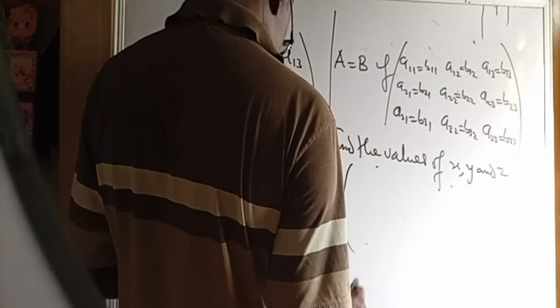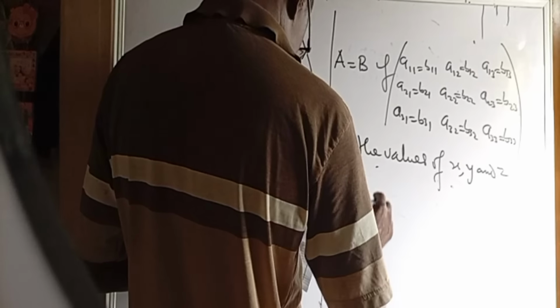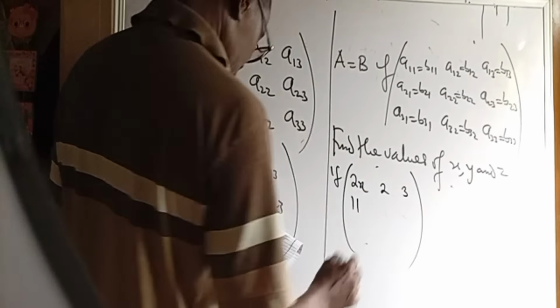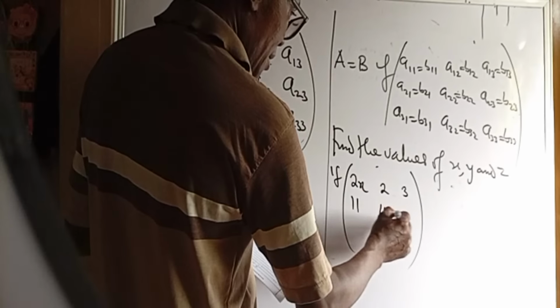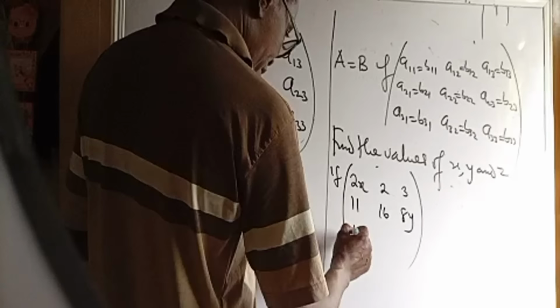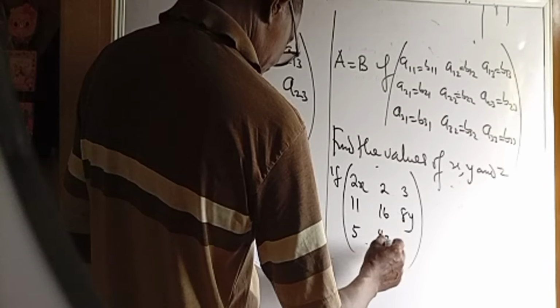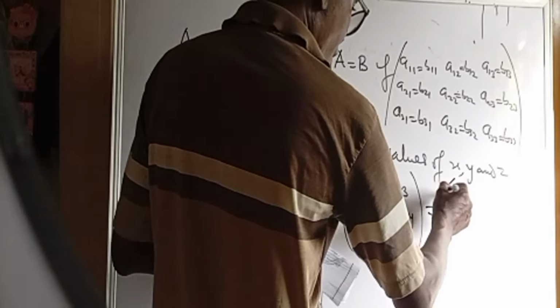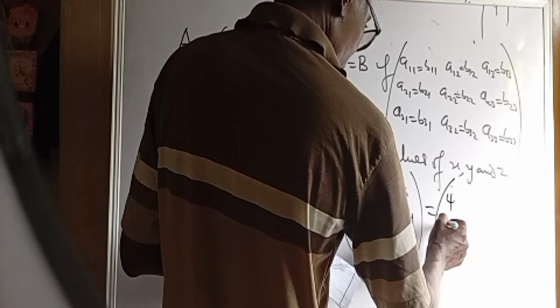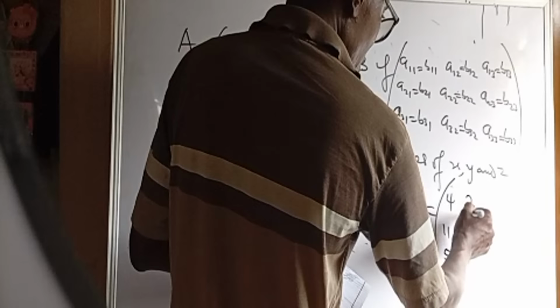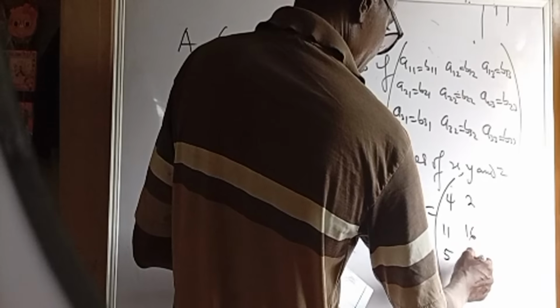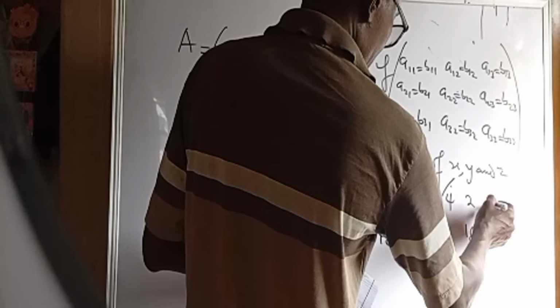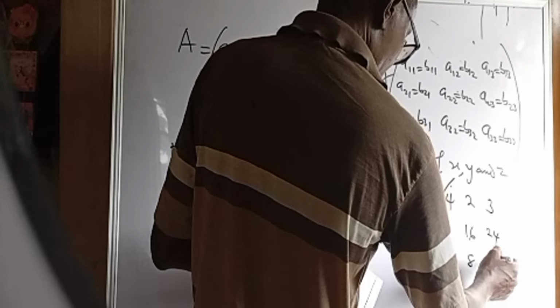Let's write it like this: 2x, 2, 3, 11, 16, 8y, 5, 4z, 9 is equal to 4, 11, 5, 2, 16, 8, 3, 24, 9.